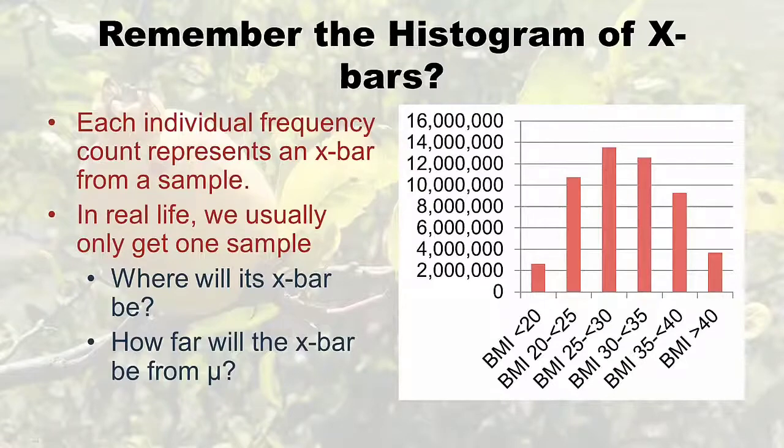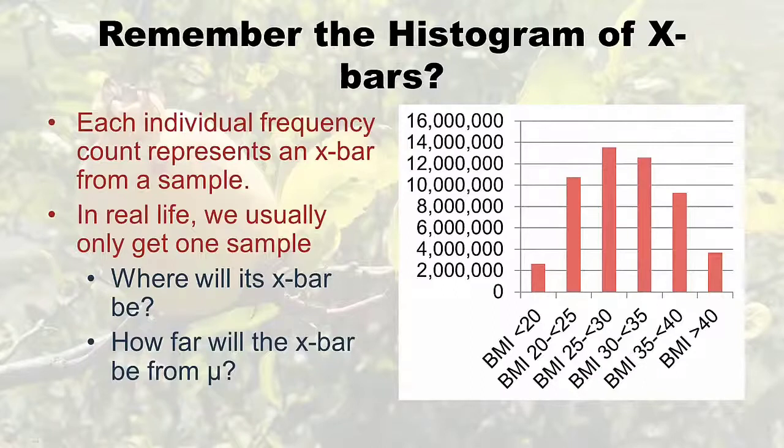So in real life, we usually only get one sample. So if we get to look at all the different samples we could have gotten, we wonder, well, which one are we going to get? Where is our X bar going to be in the sample that we pick? Because we're only going to pick one. And mostly we're upset because we're not sure how far it's going to be from mu.